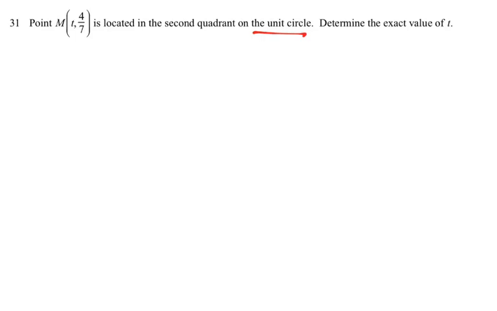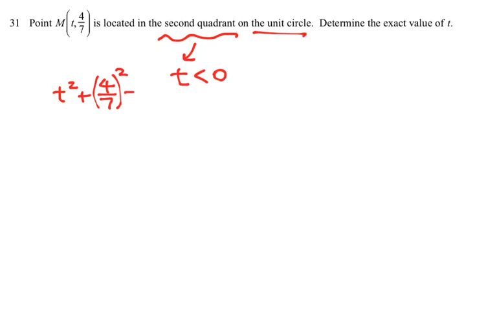Number 31, because this one is on the unit circle, I can just put that into this equation. Notice that it's in the second quadrant, so the t value has to be negative. We have t squared plus (4 over 7) quantity squared is equal to 1. Now t squared plus 16 over 49 must be equal to 1.